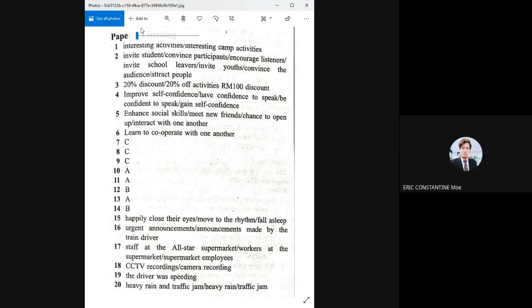Now after that, you have 20 questions. So just total up the scores, and again, like what I mentioned for the reading paper, just go to the front page and put up your total scores. And if you have your name there, just write down your name.